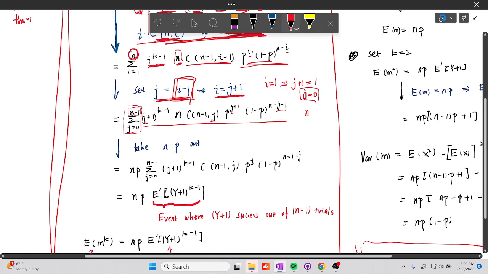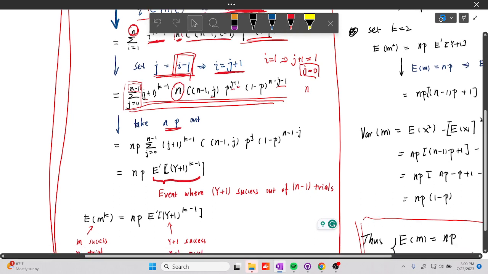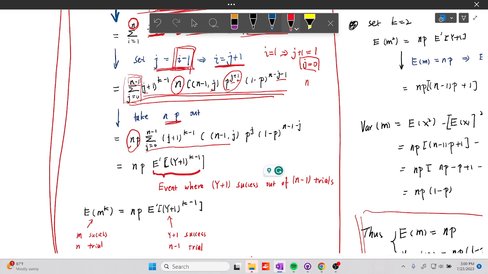So here is the new equation we have, and we take the n and one of the p out here, copy everything here, and p to the j plus 1 becomes p to the j.